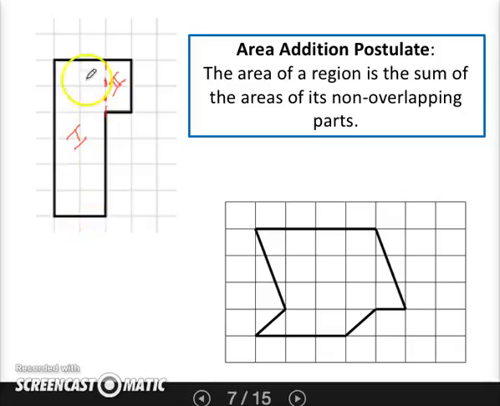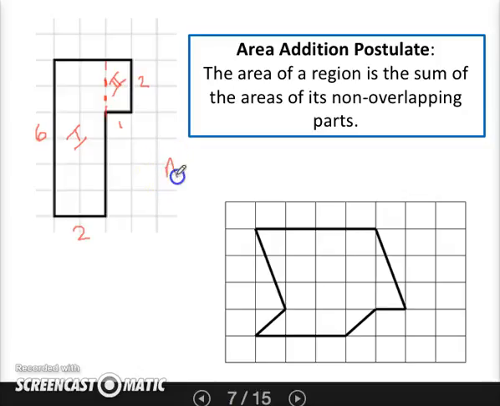Okay, in this case, region 1 and region 2 are easy areas to find because they're both rectangles. Region 1 has a base of 2 and a height of 6. Region 2 has a base of 1 and a height of 2.